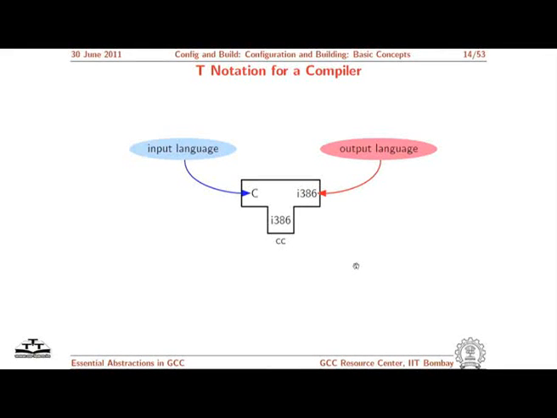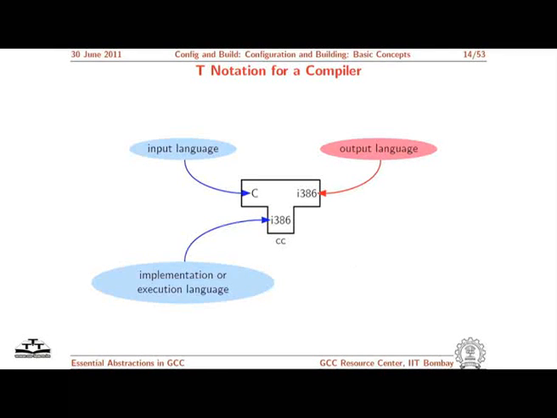So it describes the processor. And this part says that this is a processor which has been implemented in this language, or it executes in this language. Okay, we will choose one of them depending upon our requirements, and this is the name of the translator. Okay, so we will use this picture to talk about building of GCC.